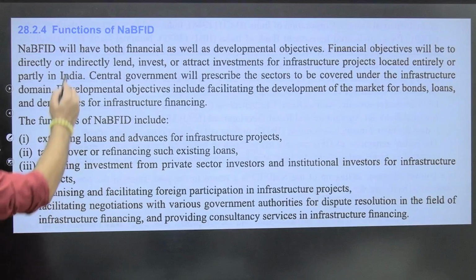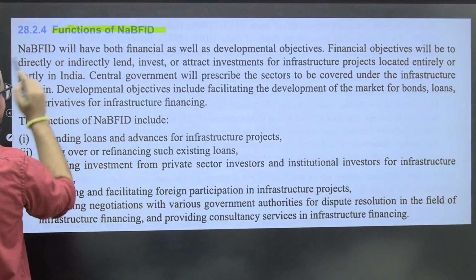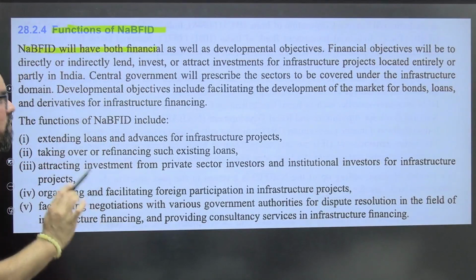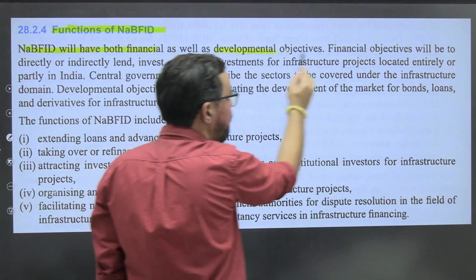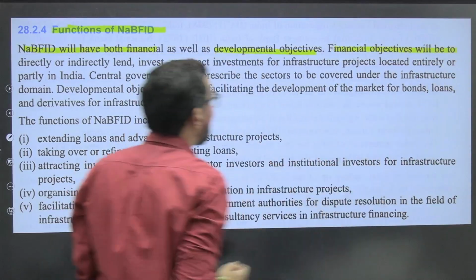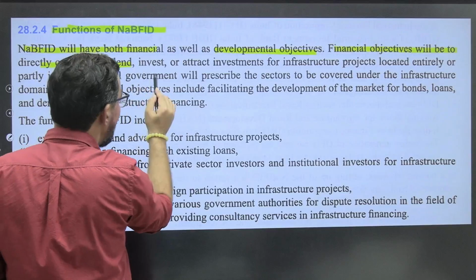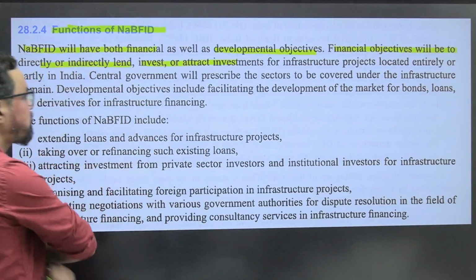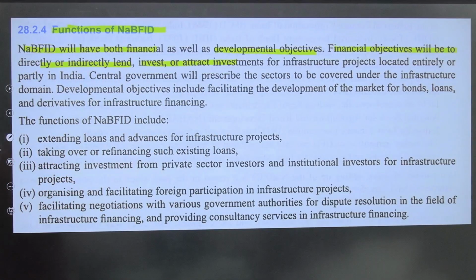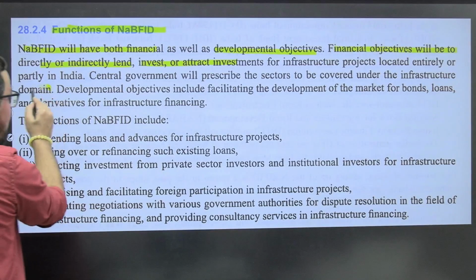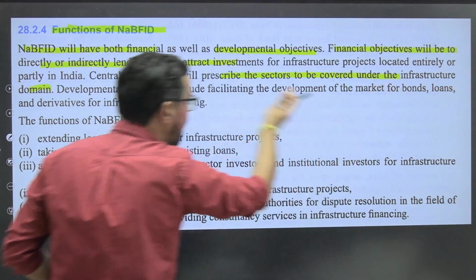Functions of NaBFID. The functions of NaBFID will have both financial as well as development objectives. The financial objective is to directly or indirectly lend, invest or attract investment for infrastructure projects located entirely or partially in India. The central government will prescribe the sectors to be covered under the infrastructure domain, which we have seen on the previous page.